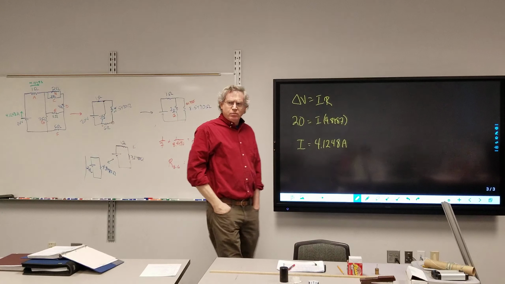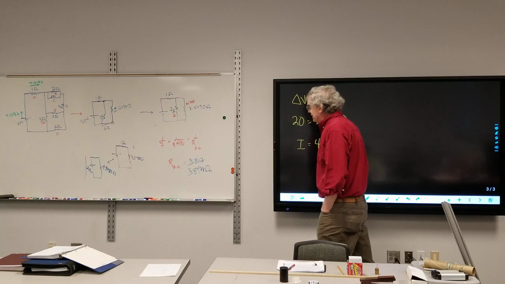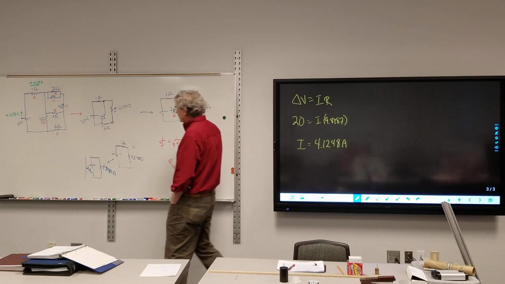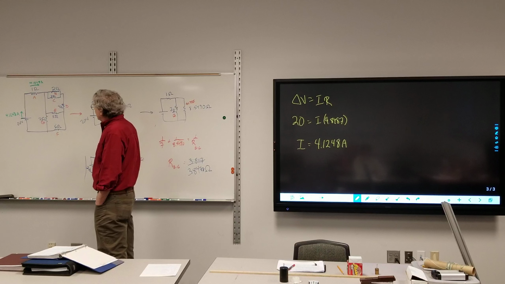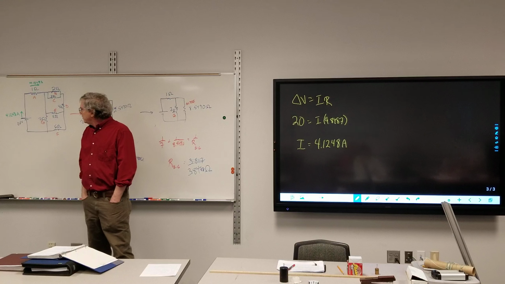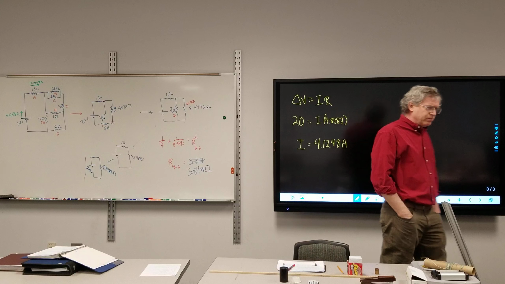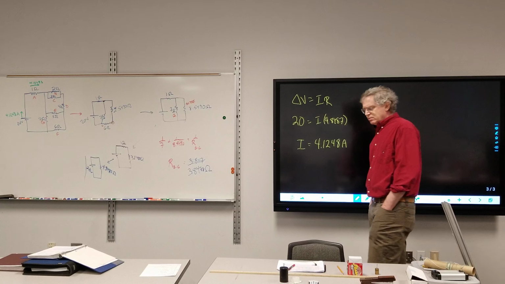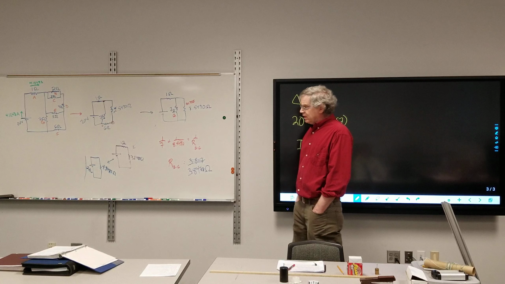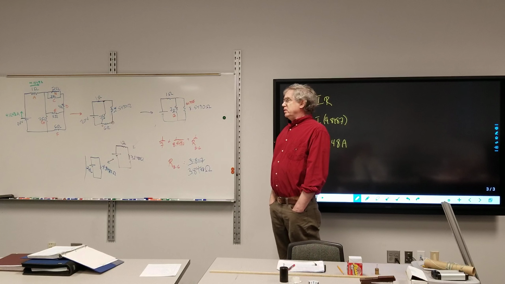Now, shortly after that, we hit that big junction. When solving a problem like this, we're going to be flipping back and forth between finding potential drops and finding current.